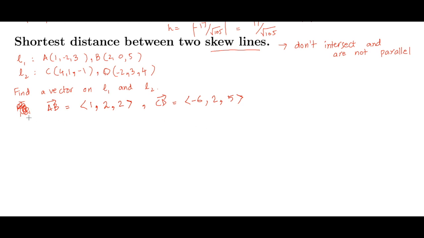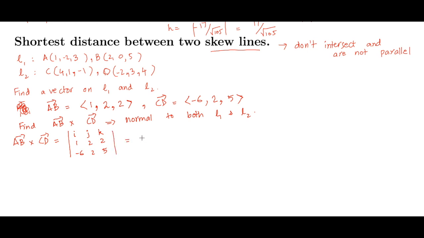Now my next job is to find AB cross CD. Why do we do that? We do that because it will be normal to both L1 and L2. So let's do that. AB cross CD is equal to the determinant with i, j, k, 1, 2, 2, minus 6, 2 and 5.